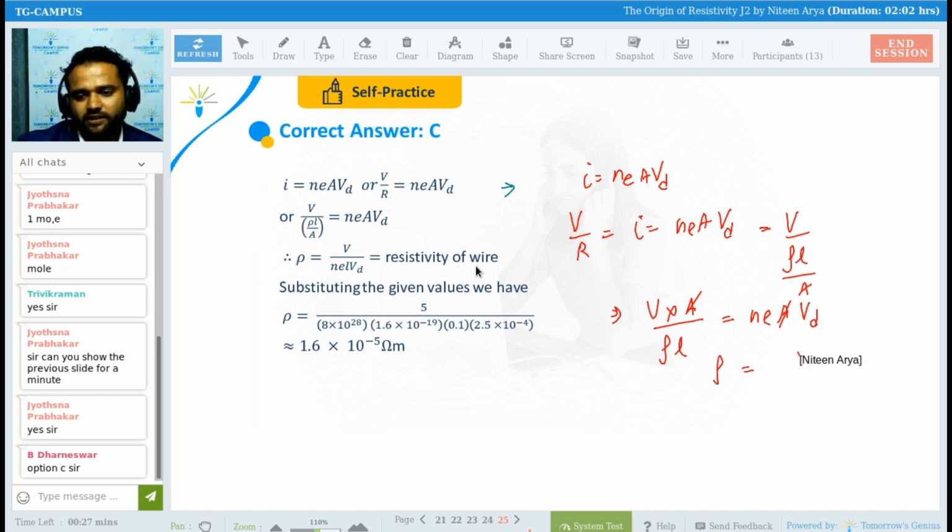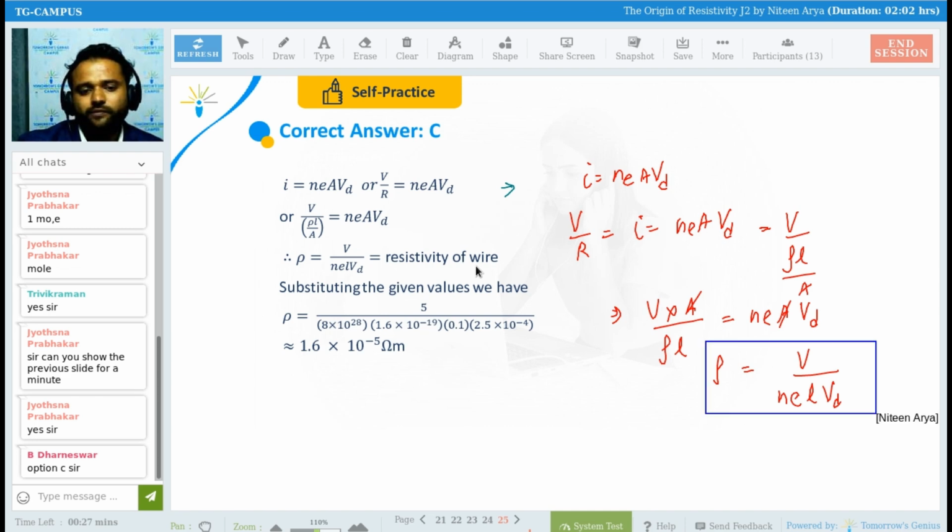So resistivity is nothing but V upon nELvD. In this way, V is the potential voltage here. Just by rearranging the terms, whatever we have, we can get it, and then we put in the values and get the answer automatically. Is this clear, beta? So this rho is 1.6 into 10 to the power minus 5 ohm meter.